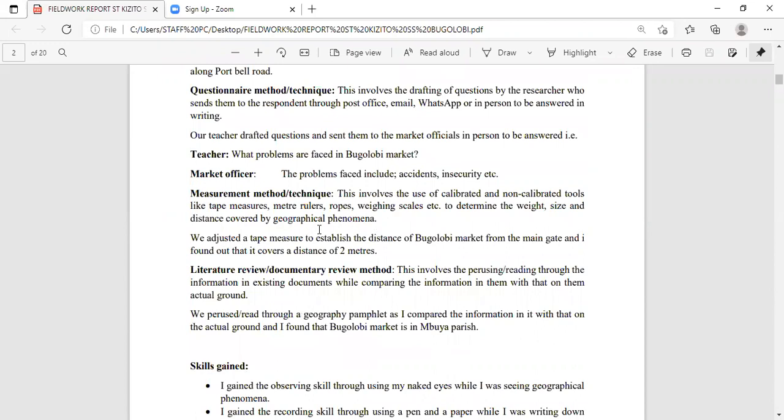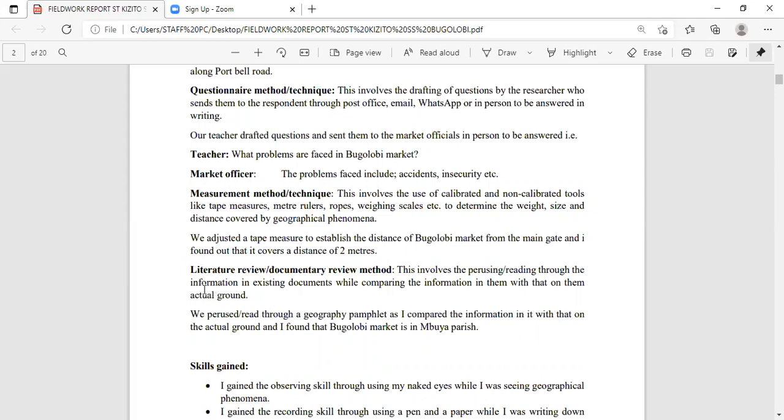What did you do? We adjusted a tape measure to establish the distance of Bugorobi market from the main gate. And we found out that it covers a distance of 2 meters.